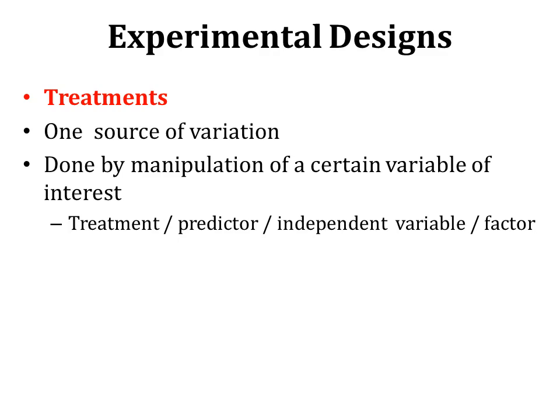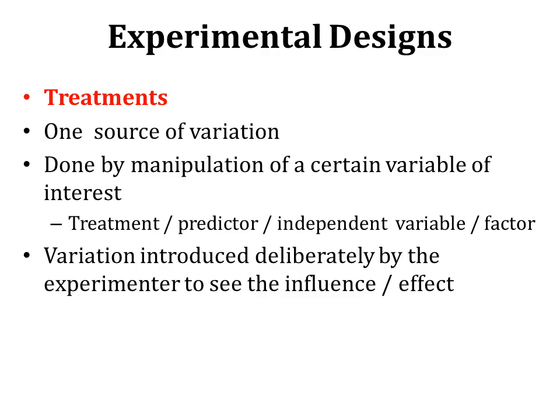So this is one source of variation, and this is a source of variation in which we are actually interested, because we want to see the response, that is, is there any change, is there any difference in the response of different experimental units to different treatments. So this is very much the source of variation of our choice. This is the variation introduced deliberately by the experimenter to see the influence or effect.